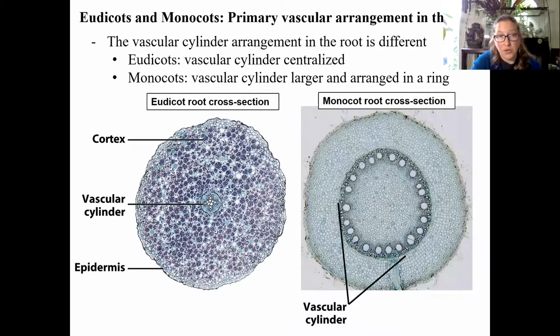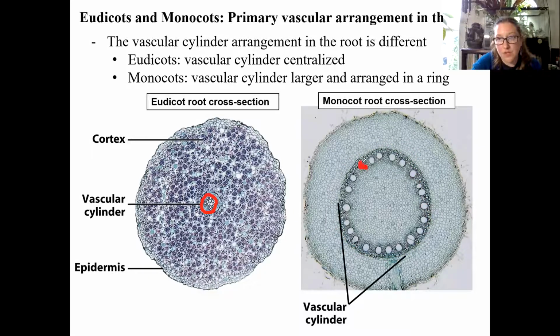If you do a cross section through a Dicot root, there's only one vascular cylinder and it's right in the middle. But if you do a cross section for a monocot root, there's still only one vascular cylinder, but it's a lot bigger and it almost appears arranged in a ring.